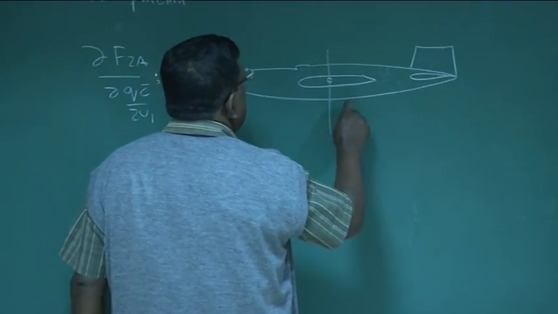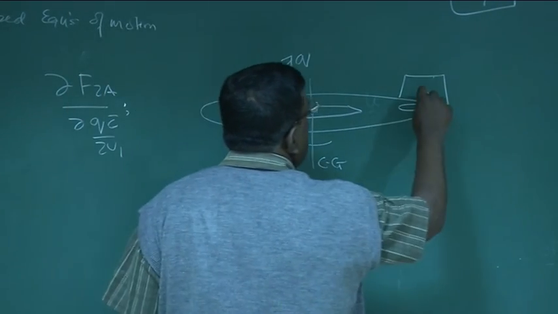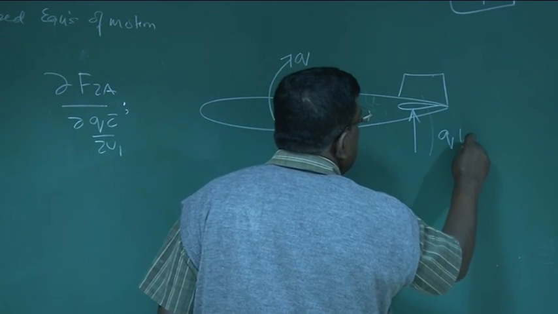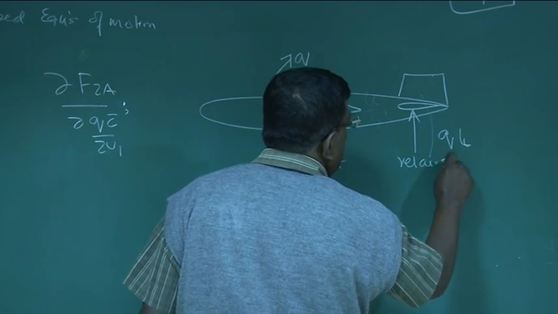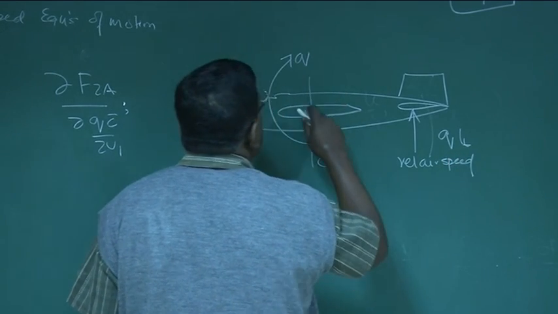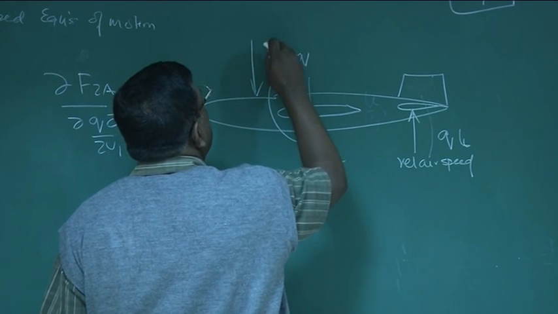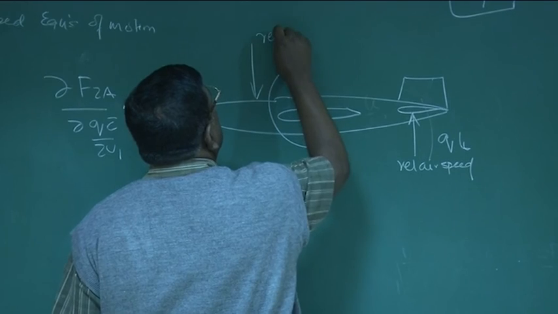So now you see, if I give a perturbation Q, small Q, then what will happen? The tail will go down. There we know that Q into lt will be the relative air speed. Similarly, as this is the CG, this portion goes down, so there will also be some sort of relative air velocity.